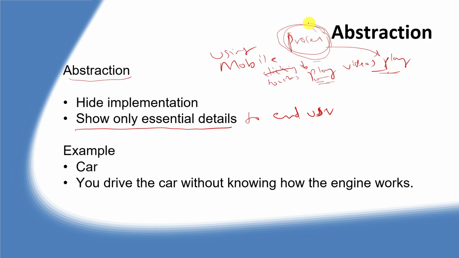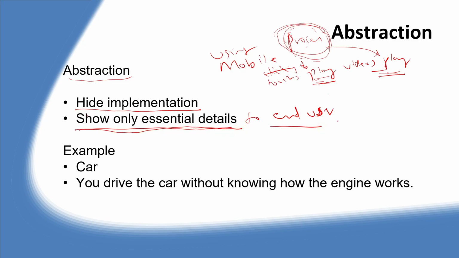What is happening in the background, how the coding and logic is happening, those things are not required for you. Only essential details are shown to you and the background process is hidden from you. That's what abstraction is: hiding implementation and only showing essential details to the end user.